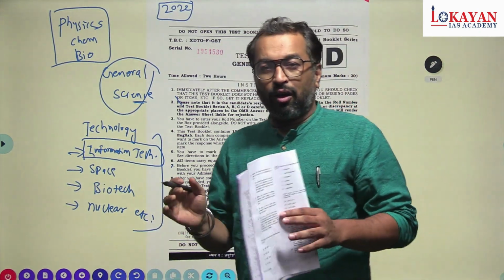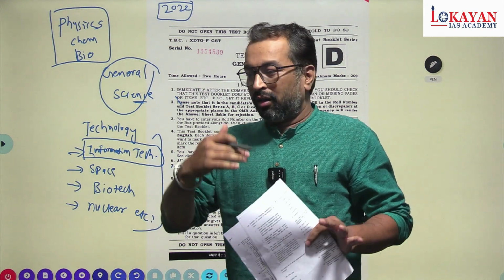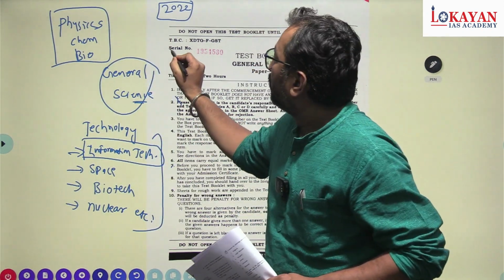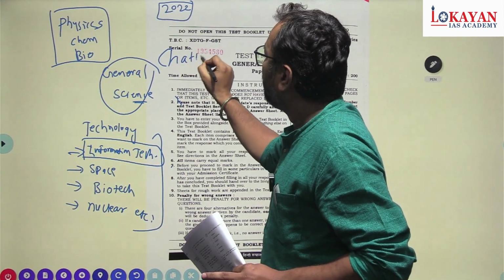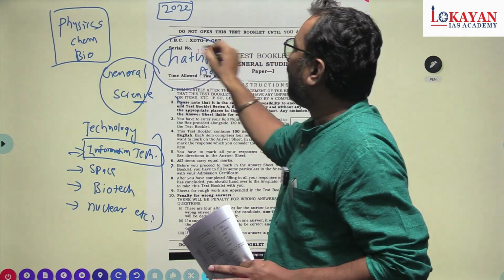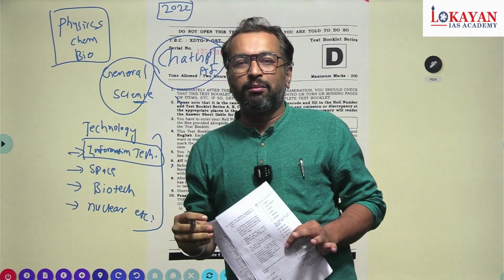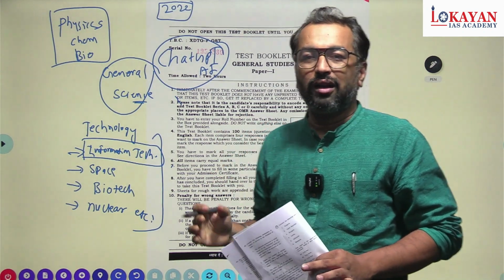Actually, many of us were curious because this year all the chat was about ChatGPT and AI. So many of us were curious that at least one or two questions would be asked on artificial intelligence or ChatGPT.